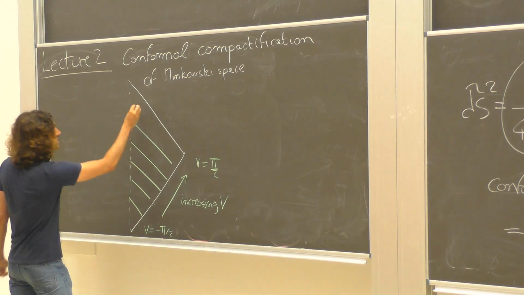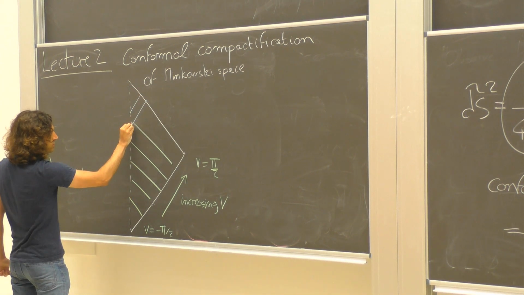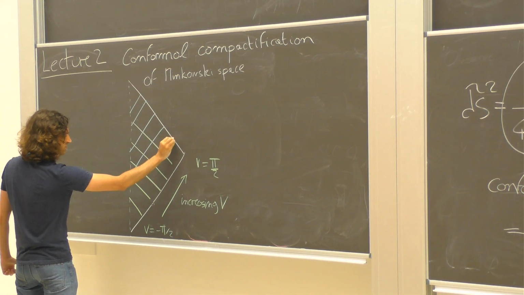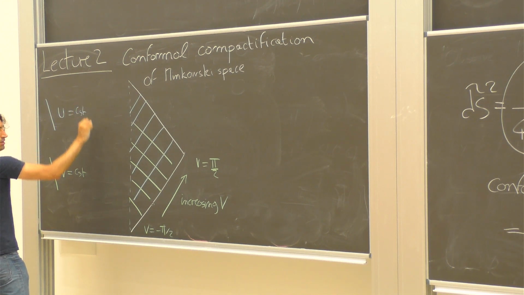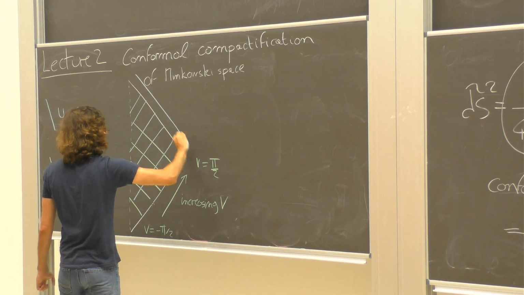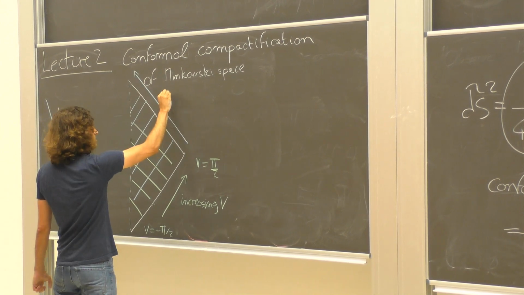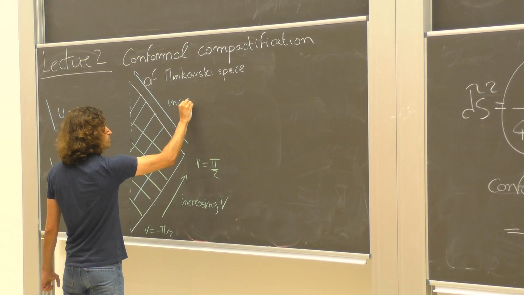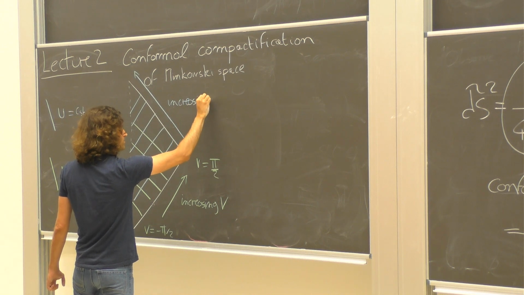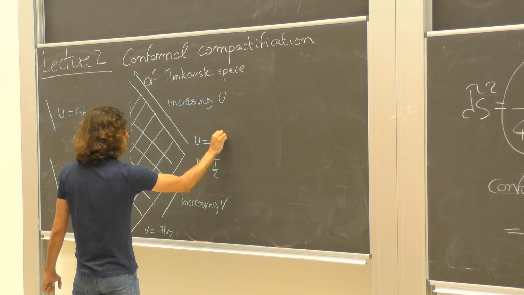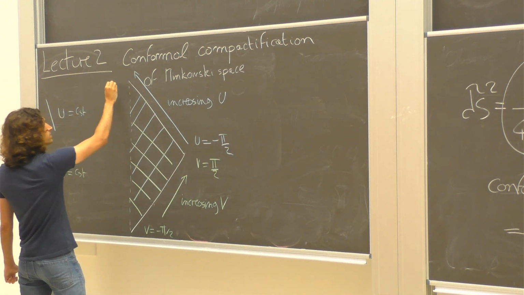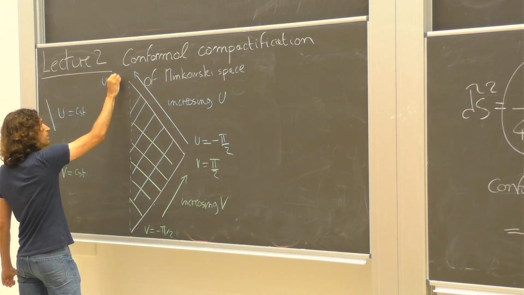And on the other side, I have constant u surfaces. Increasing u is going in this direction, and it goes from u equal minus pi over 2 to here u equal pi over 2.